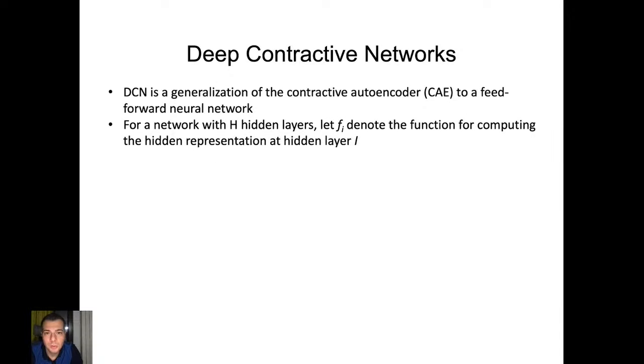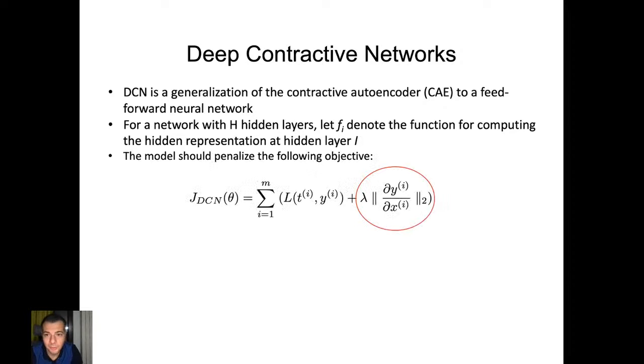And if you go to deep contractive networks, the idea is to add this regularization term to the neural networks. For a network with h hidden layers, you are supposed to add this regularization term for each hidden layer of the deep contractive network.